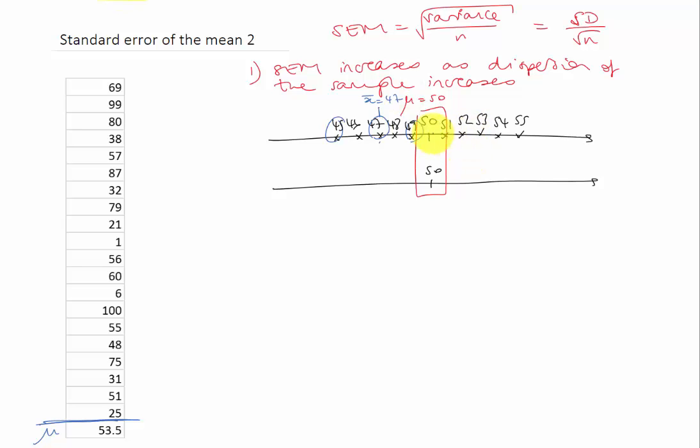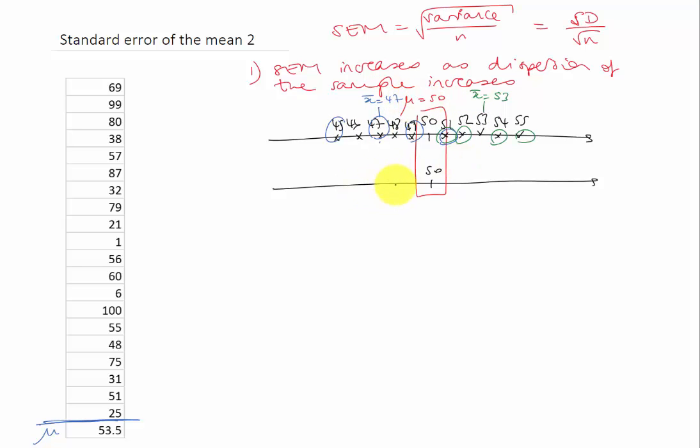Or if we take a different random sample of, I don't know, like these guys, then the sample mean is going to be 53. So those are each 3 away from the true population mean.